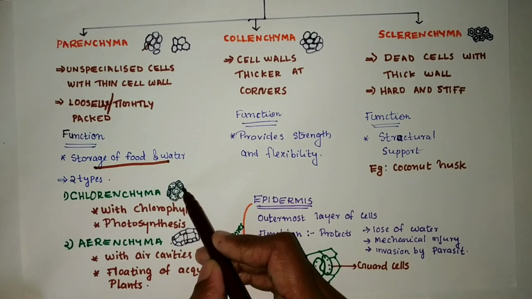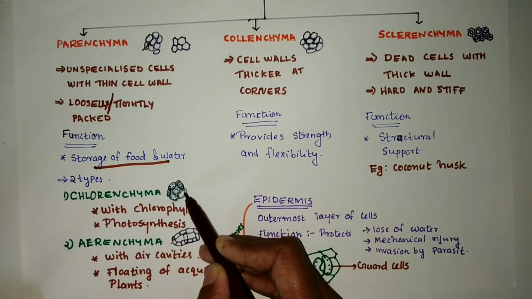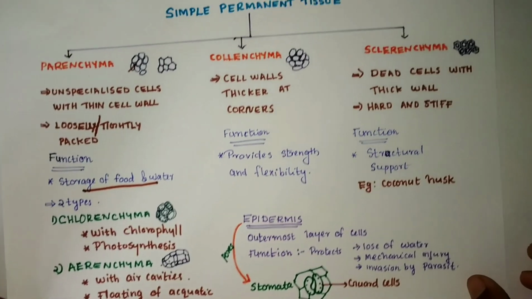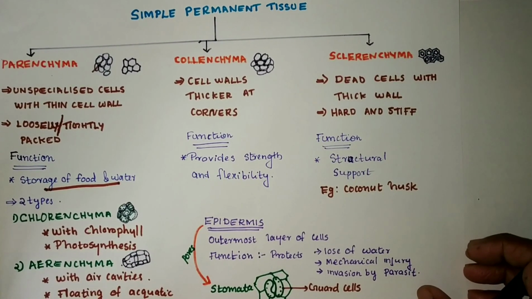So here we can see this parenchymatous cell along with chlorophyll. Aerenchyma is parenchyma with air cavities. The floating of aquatic plants is due to the presence of aerenchyma. Parenchyma with air cavities. Here you can see the cavities. These are air cavities.